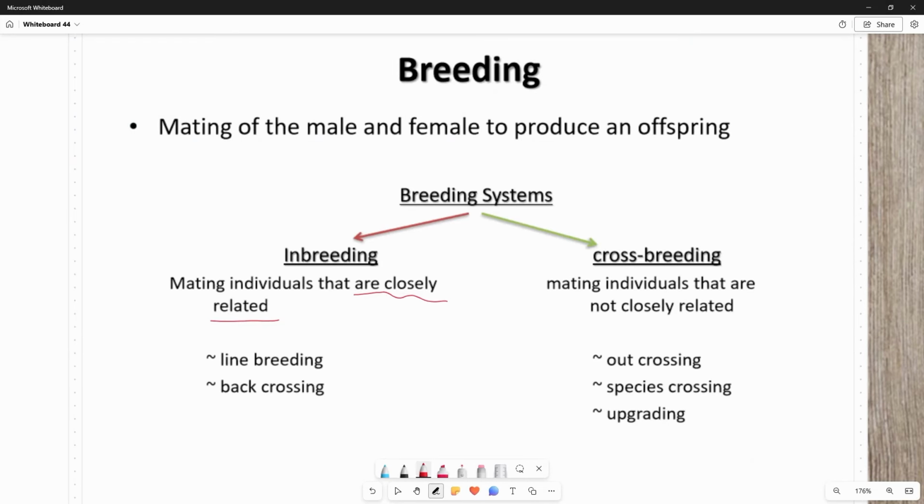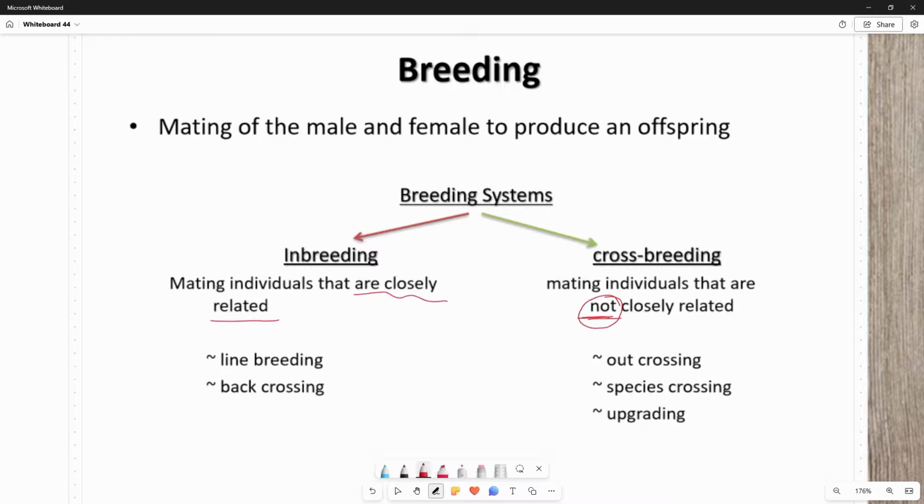So you can have a sister and a brother, you can have a daughter and a grandfather. Organisms that are closely related, that is inbreeding. Then crossbreeding is the mating of individuals that are not closely related. So your keyword here: in crossbreeding the organisms are not closely related, but in inbreeding your organisms are closely related.